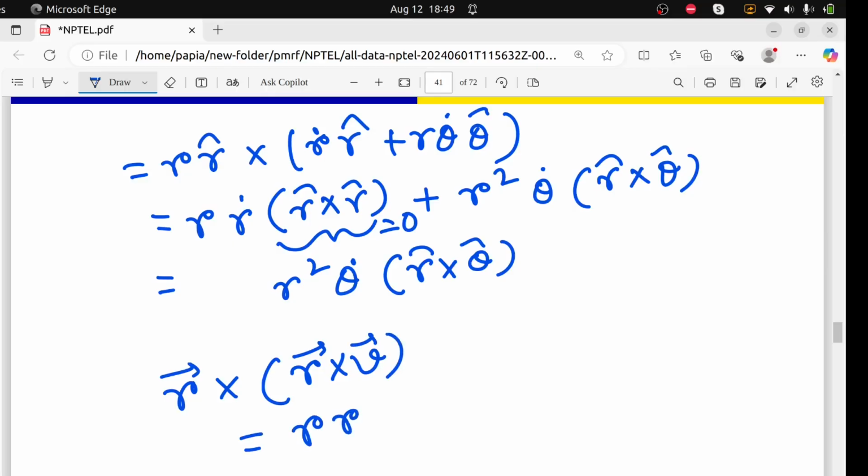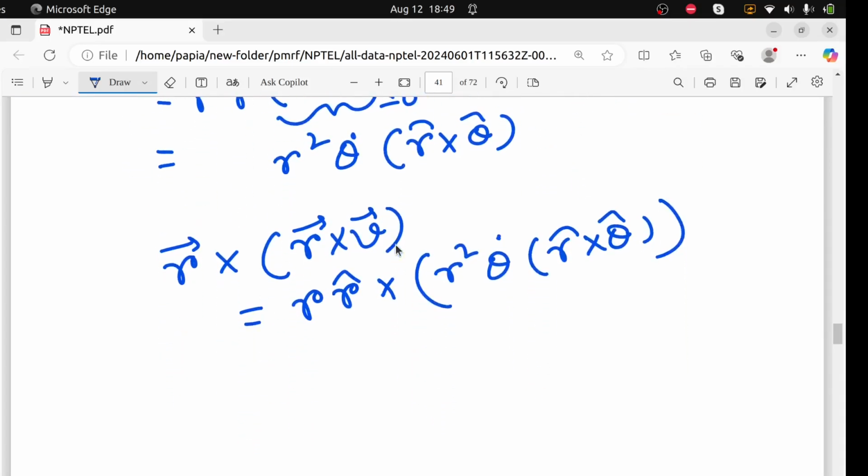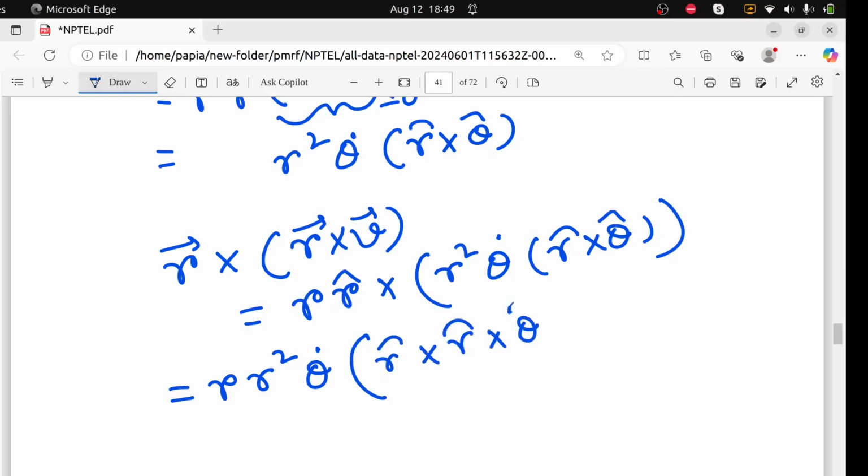So it is r cap cross r square theta dot r cap cross theta cap. So I have r square theta dot r cap cross theta cap.